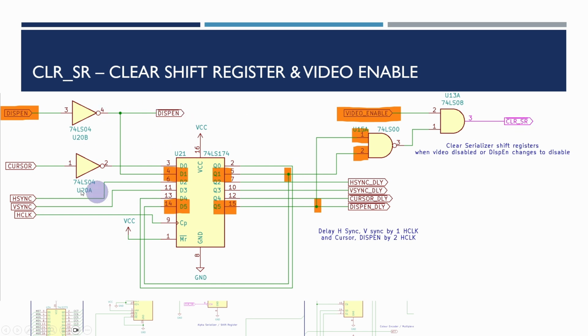The logic necessary for doing this is a little bit complicated, but basically it will set the clear shift register for 1 clock cycle at the end of each horizontal line, and it will also clear the output when video enable is set to 0. And there's a few delays to the various signals coming in here, which are part of this. But these rules have been implemented in the Complex PLD.